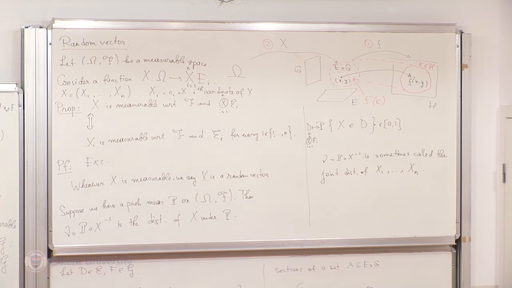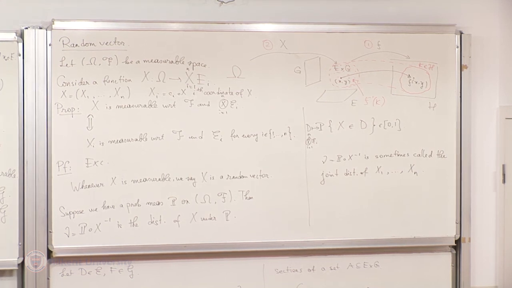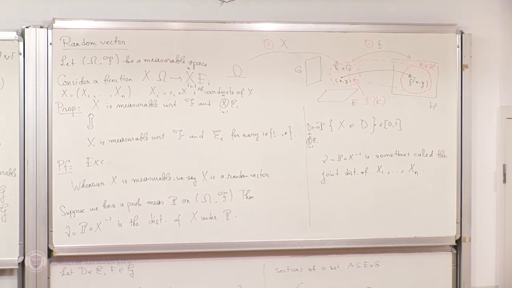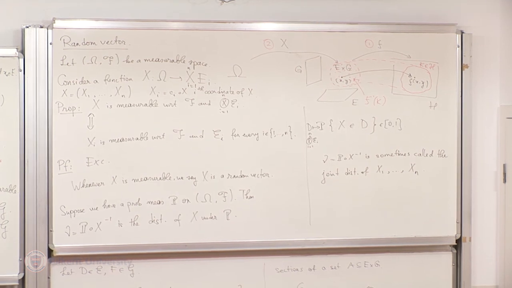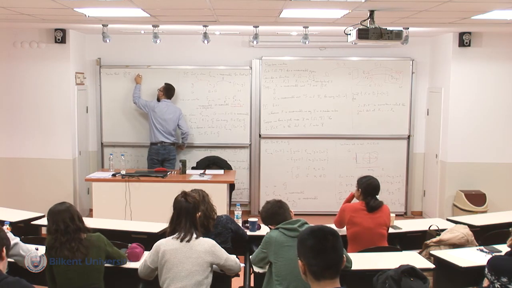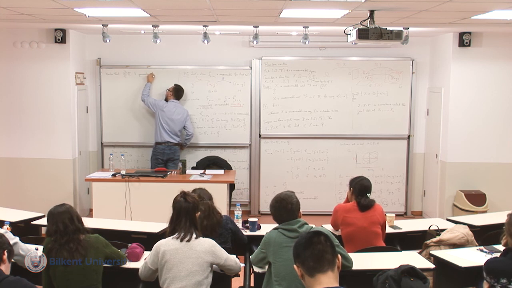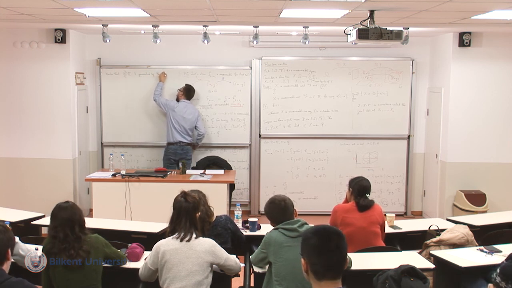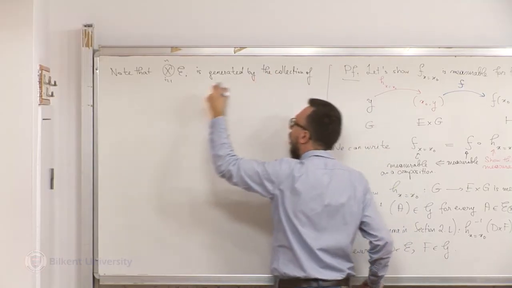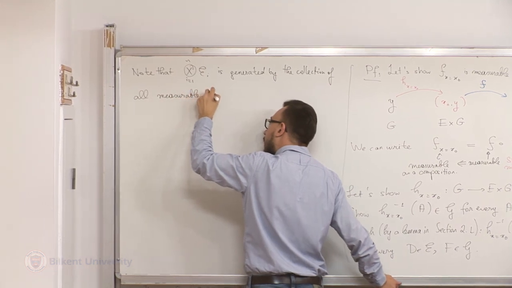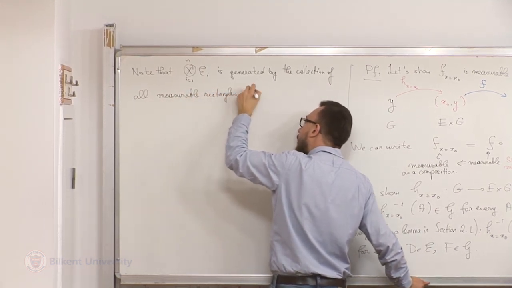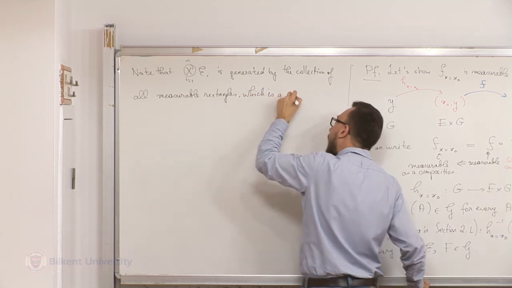I'll say one more thing, and then we'll go. Note that this product sigma algebra is generated by the collection of all measurable rectangles, which is a pi system.